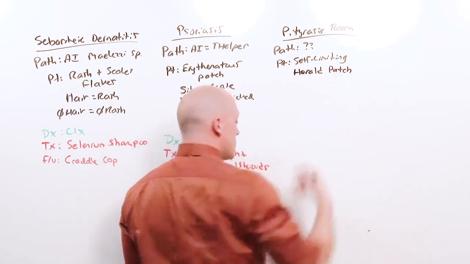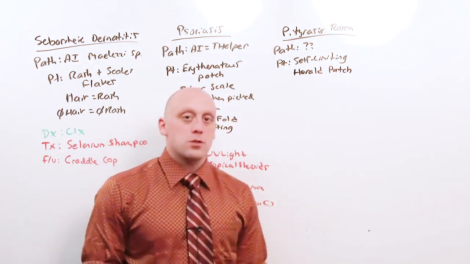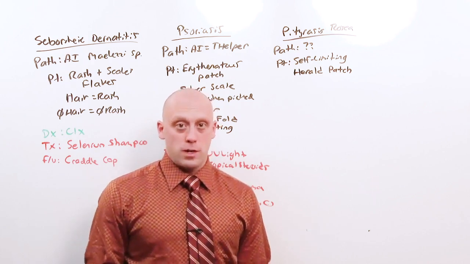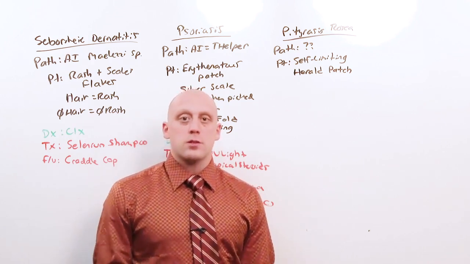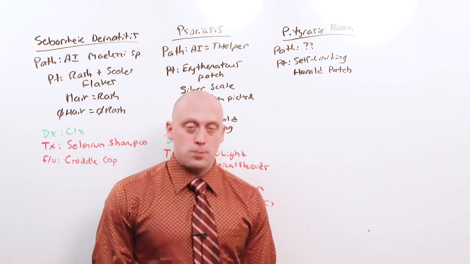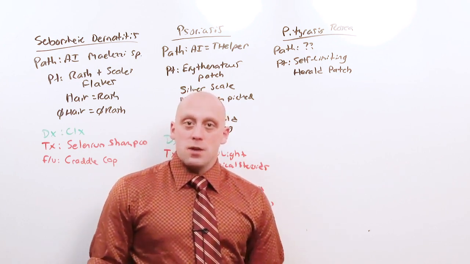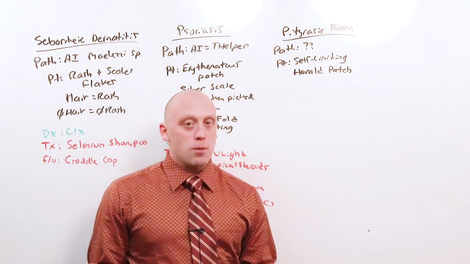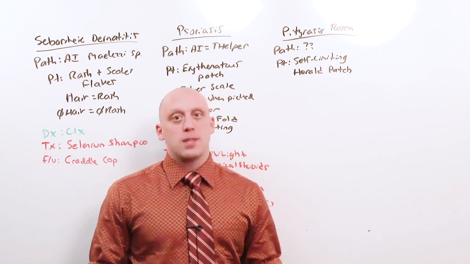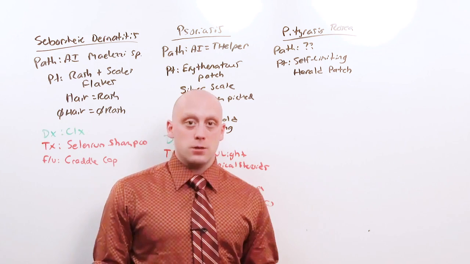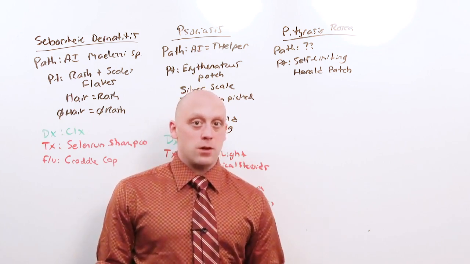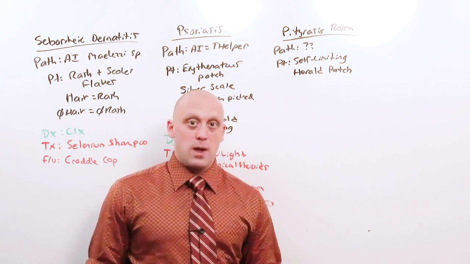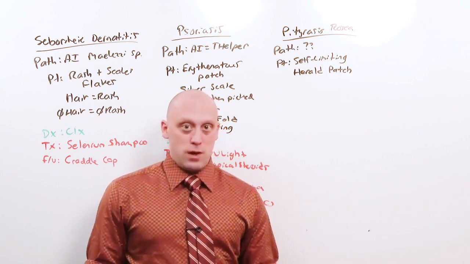In light-skinned races, this is going to be salmon-colored, usually oval, very well demarcated. In darker-skinned races, it's going to be hyperpigmentation. You see that herald patch. It's one spot, and then subsequently more pop up, and then they begin to scale. So you can make the diagnosis just based on that salmon-colored, clearly demarcated patch without the scale.